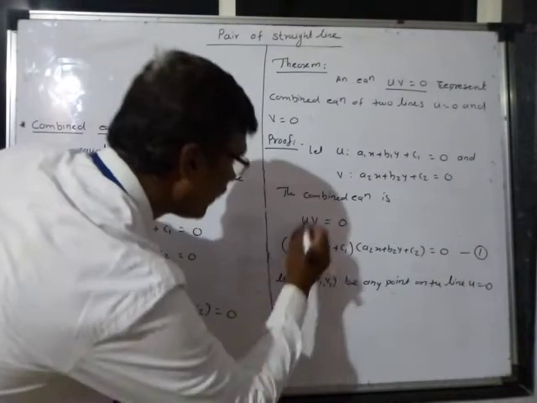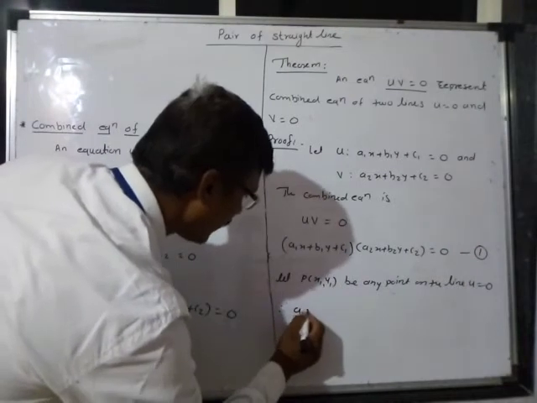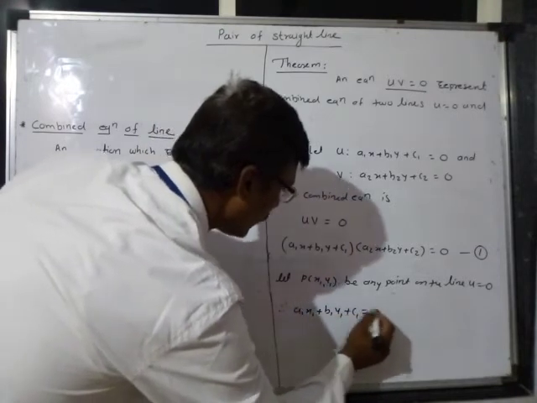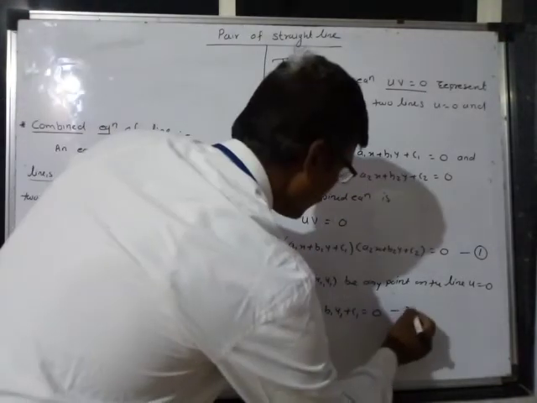Therefore a1 x1 plus b1 y1 plus c1 is equal to 0. This is equation number 2.